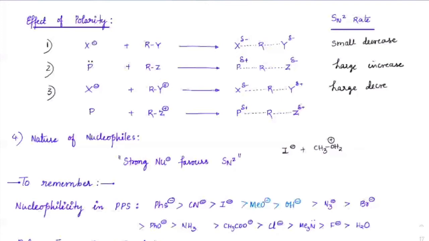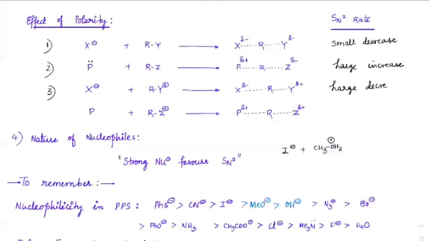It is similar to the first case. Only one of them is solvated. If one of them is solvated, this can't easily approach because most of the solvent particles will be present around it. Hence, I can say definitely there is only a small decrease.